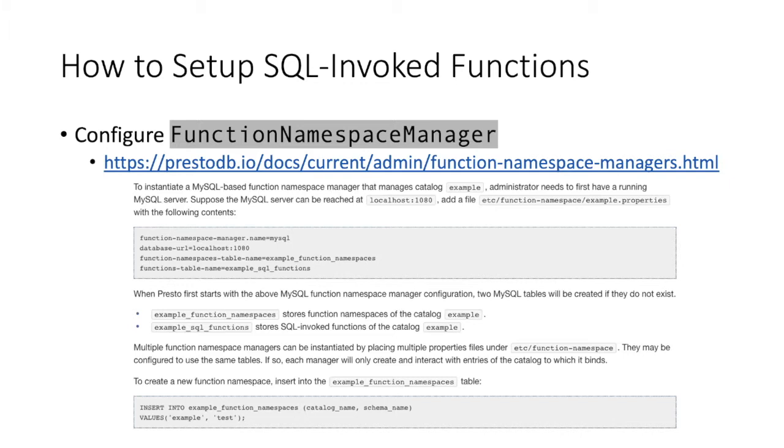Basically, you need to have external storage to store your function implementations and function metadata, because this will not be part of the Presto code base. So quite easy to set up. You need to specify what are the function namespaces this function namespace manager is supporting, and which table it's storing the actual functions.